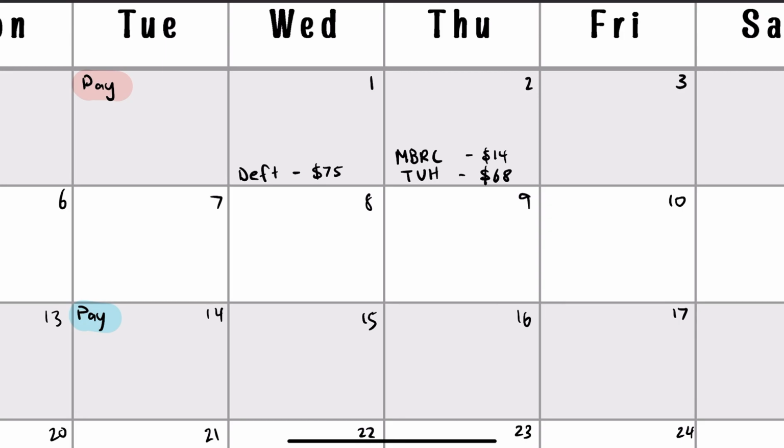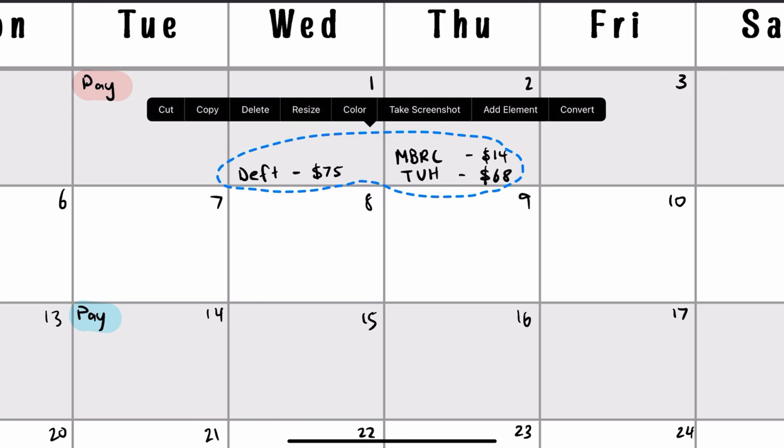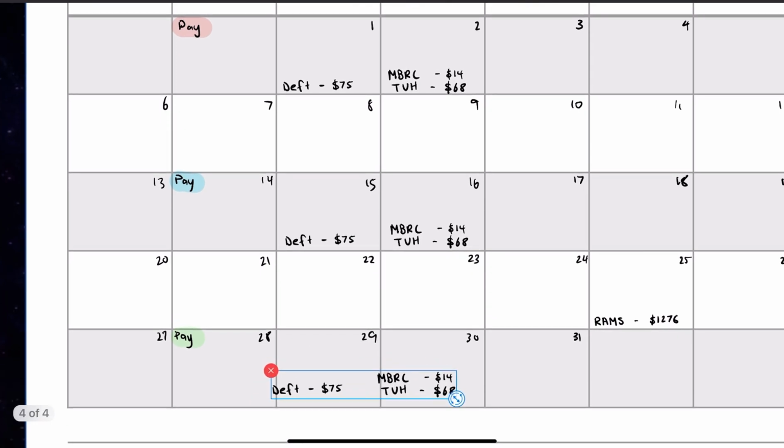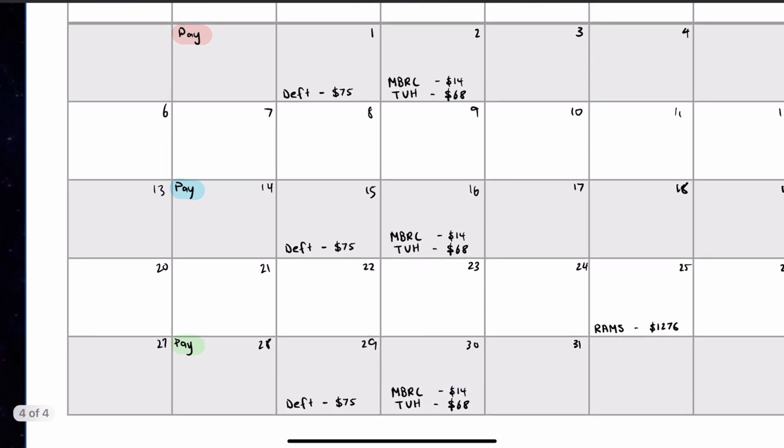It's only $14. I'm not quite sure if that's going to go up or stay the same, so I'm just hoping for the best. I'm just going to copy that and paste them both down the bottom. There we go. This makes my life a lot easier than when I was doing paper planning and had to copy the same thing out 4 times in a row. All right, so that is all in there.